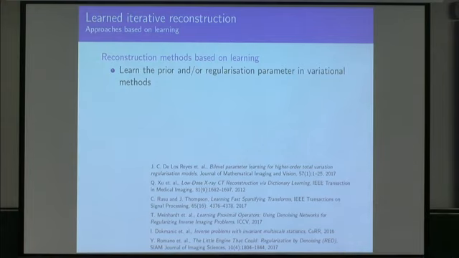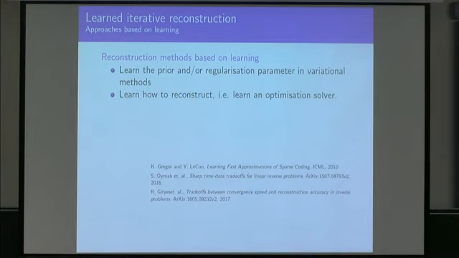Sure, you can learn it, and you might address the idea of finding the prior, but you still have to solve this variational problem. So you haven't resolved the issue of computational burden. You might turn the tables and say, well, can I use ideas from unsupervised learning and learn somehow my optimization? The LISTA, which is the learned ISTA, is perhaps one of the first examples of doing that.